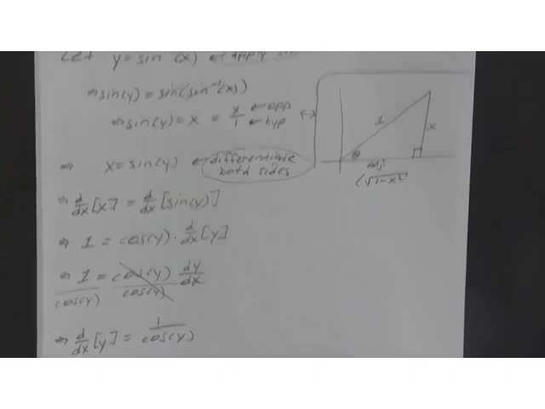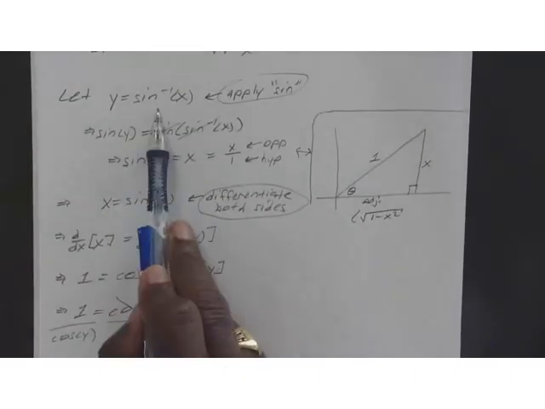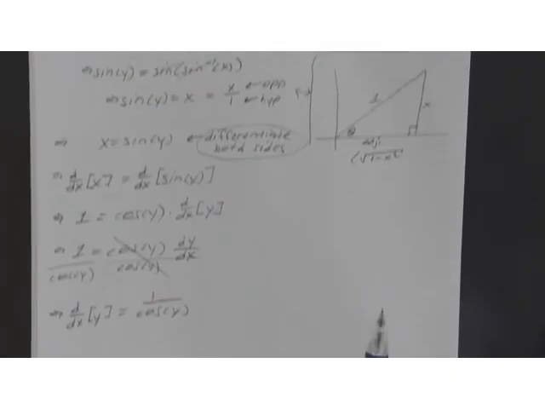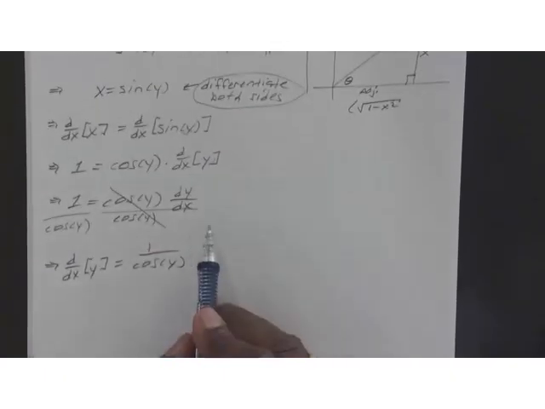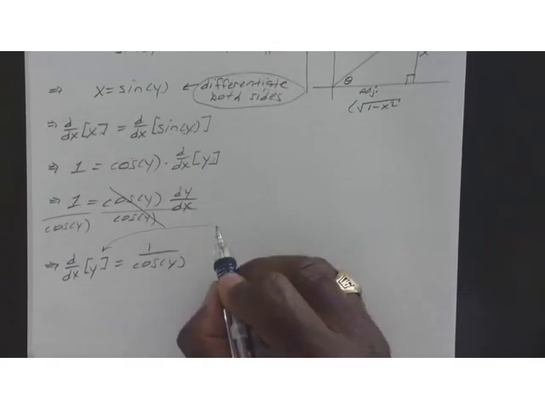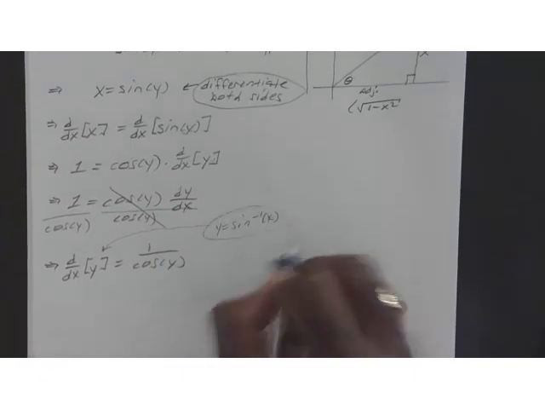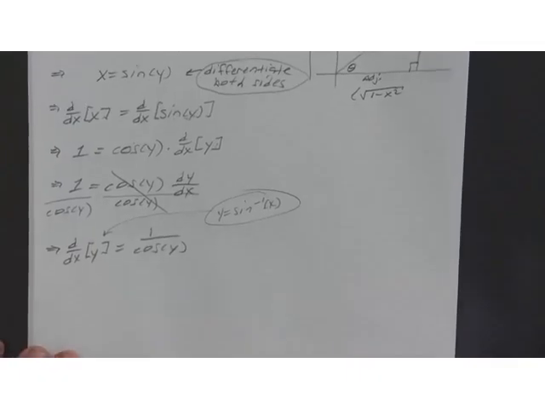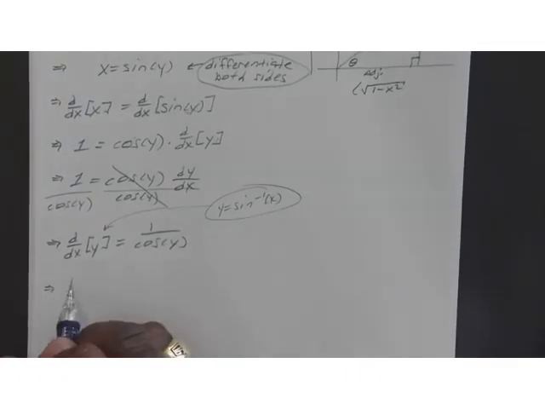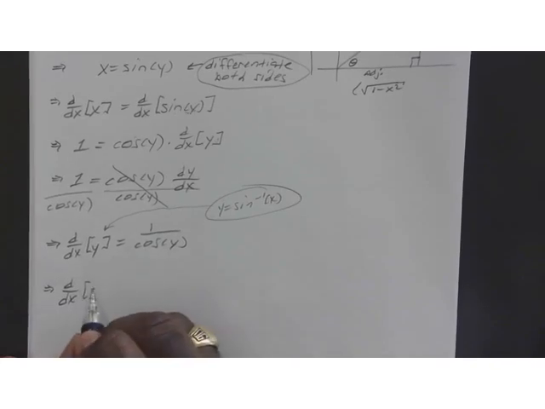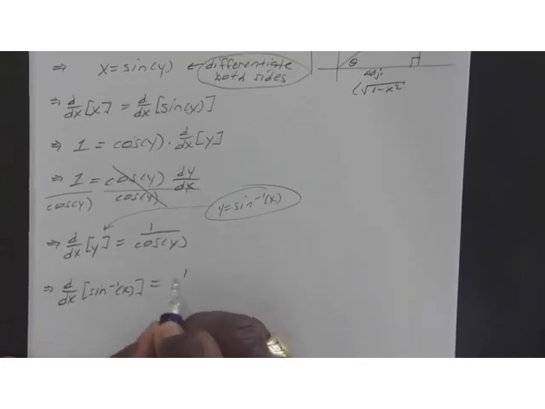Well, if you remember right from the top, we know that y is equal to sine inverse of x. So we can just take that. So the derivative with respect to x of sine inverse of x is equal to 1 over cosine of y.